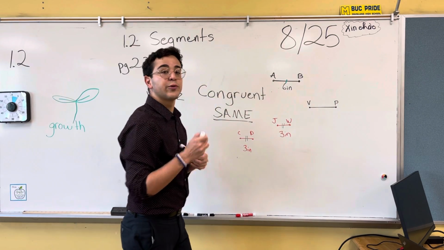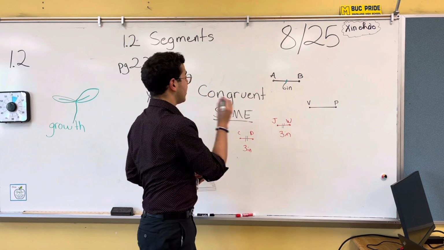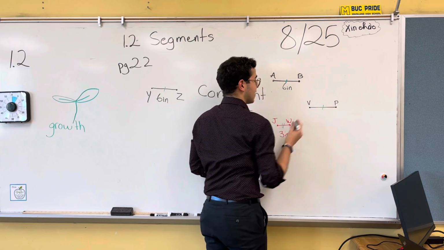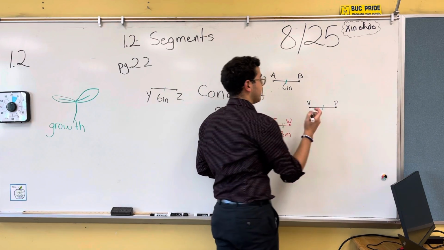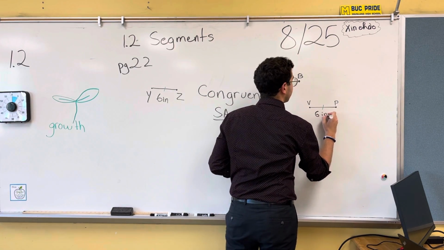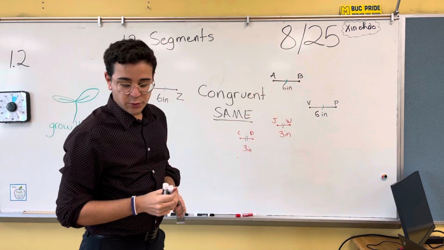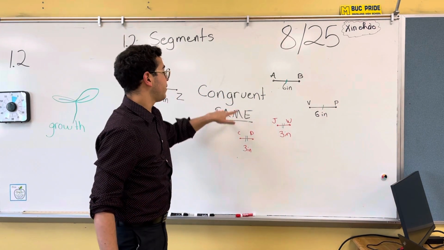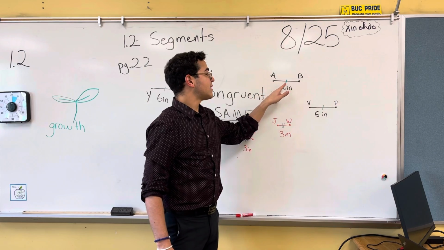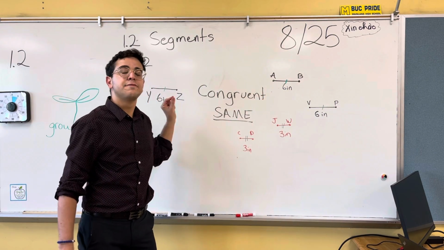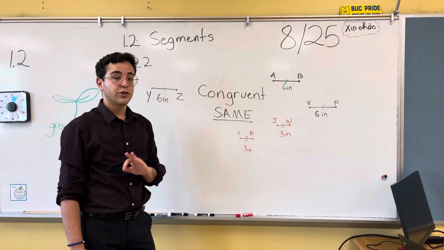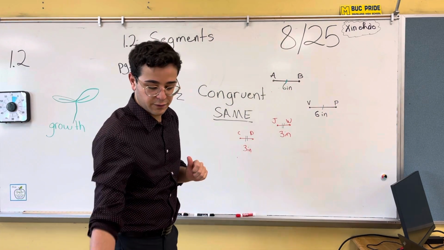I would mark it with 1 line because all the other 6-inch line segments also have that 1 line congruency segment. So the important things to know are congruent means same, and that these tiny little ticks are valuable information. Don't overlook them. They're there for a reason.